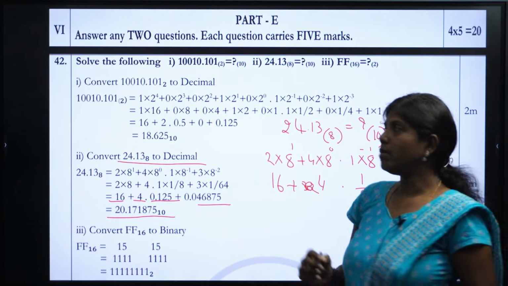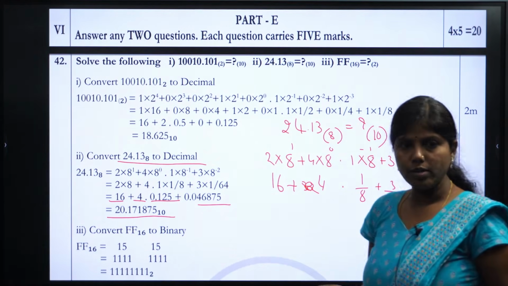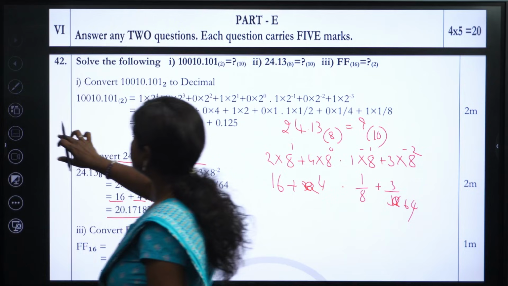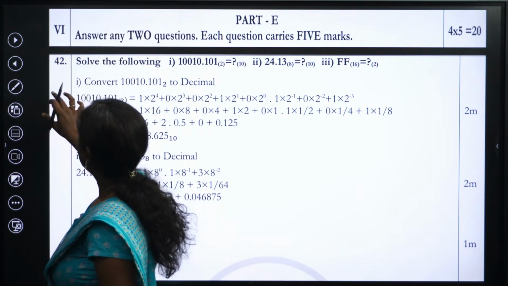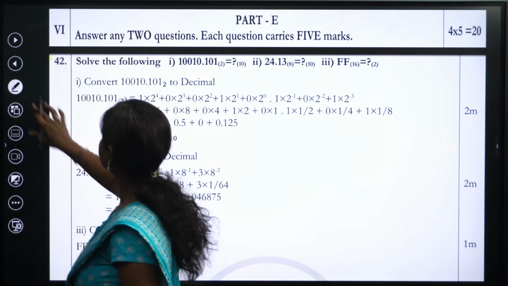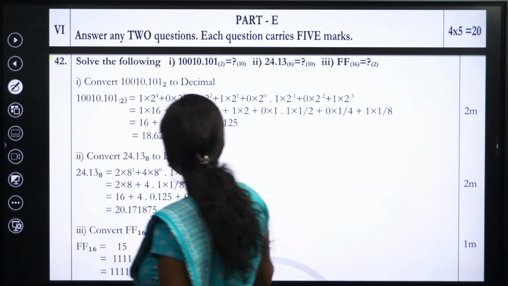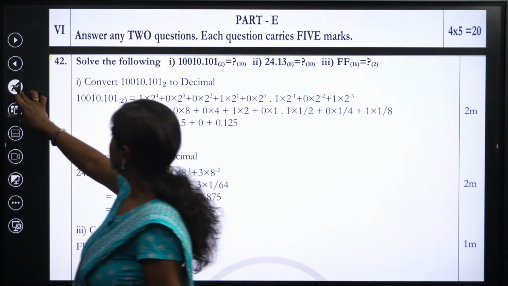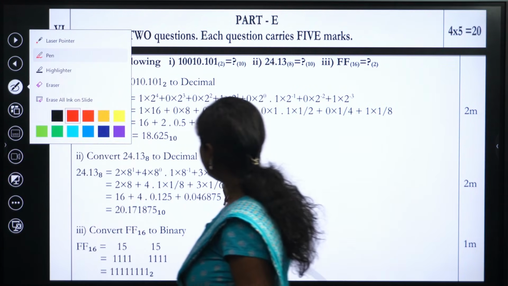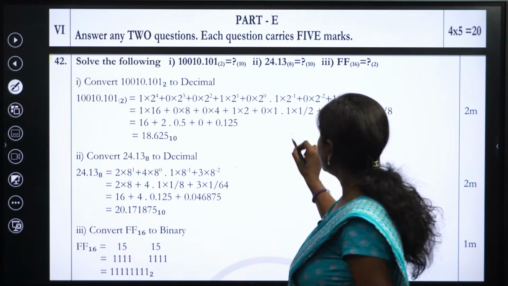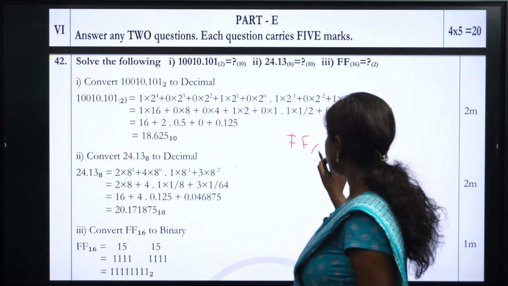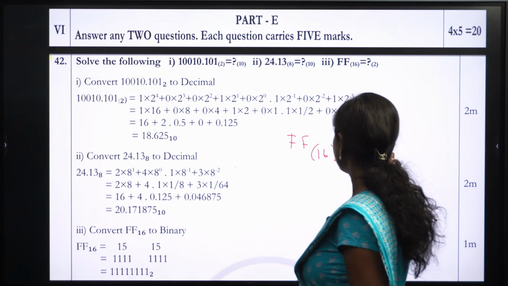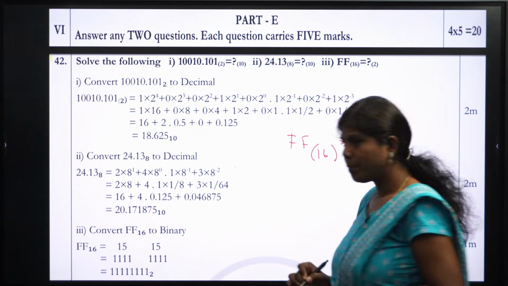And now comes the question, any other number system back to decimal. So I'm just going to erase this now. Okay, so what is this? FF in base 16 to binary. I have to do binary now.